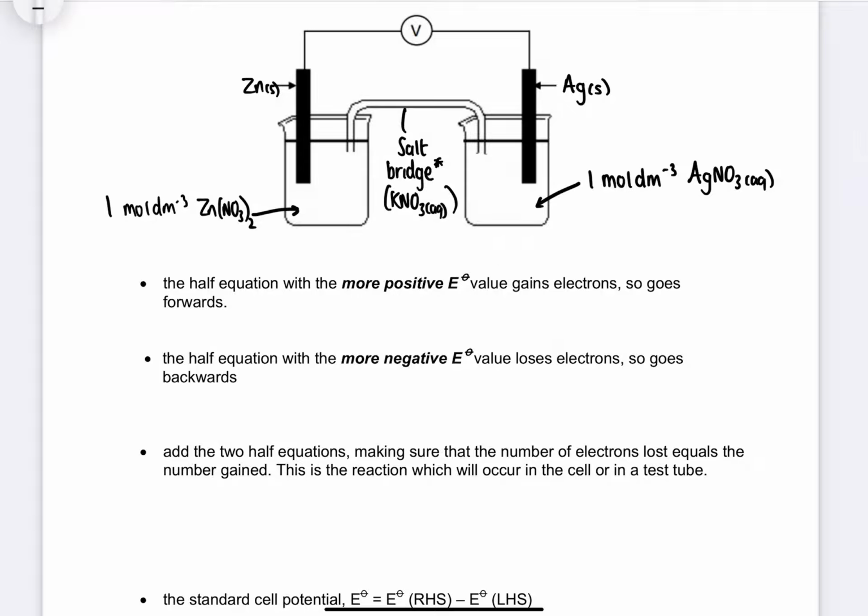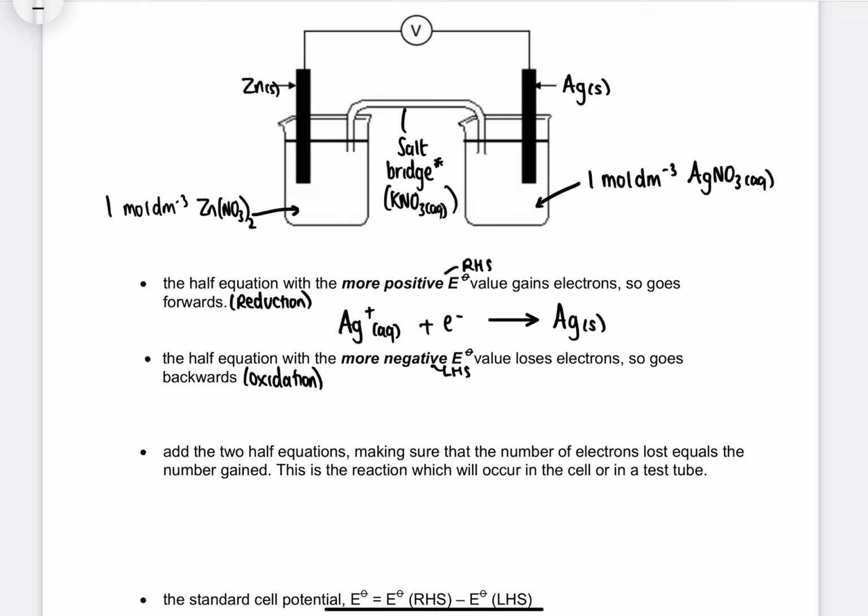So the half equation with the more positive potential, that's our right-hand side, goes forwards, reduction. So we copy what was written, which is Ag+(aq) + e- goes to Ag(s). The more negative, the left-hand side, goes backwards, oxidation.